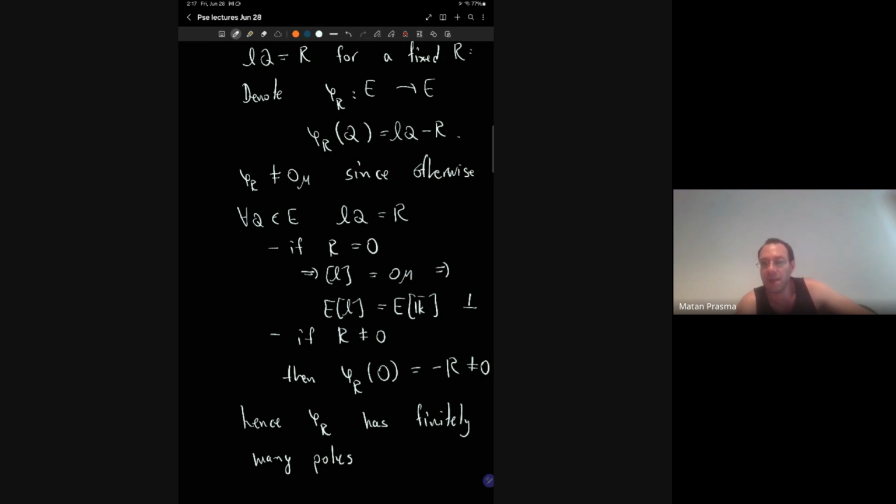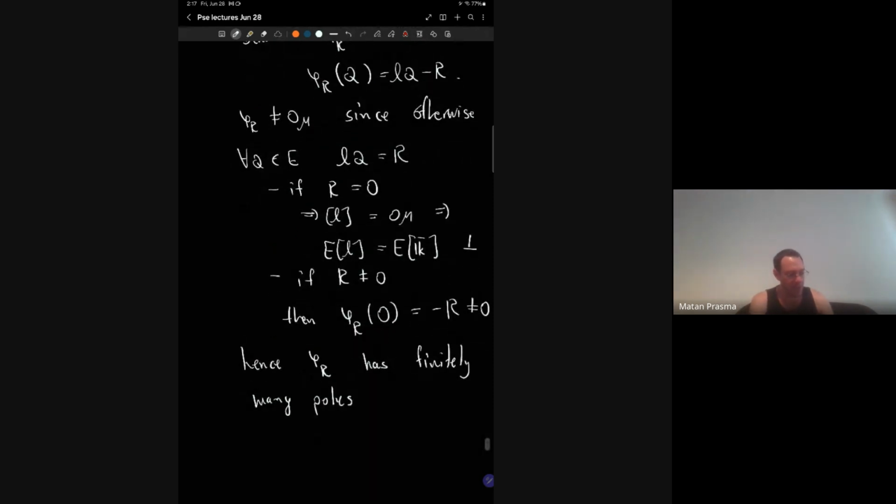So altogether, the rational map can have finitely many poles. Of course, the exception is the zero rational map. The zero rational map has infinitely many poles. But we know that phi R is not the zero map. So phi R has finitely many poles. And what are the poles of phi R?